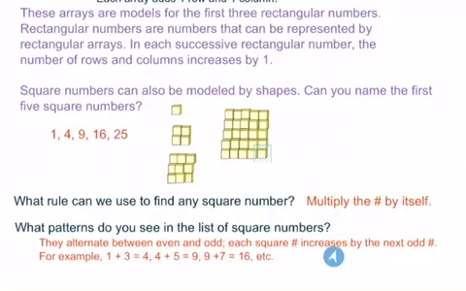Each square number increases by the next odd number. So for example, 1 plus 3 is 4. 4 plus 5 is 9. 9 plus 7 is 16. So that's what I'm telling you here. So notice that when I say it's increasing by the next odd number, so 3, 5, 7, what would the next one be? 9, correct?